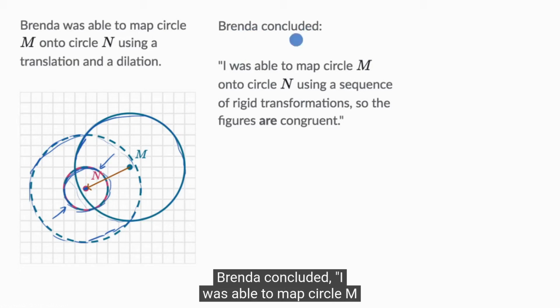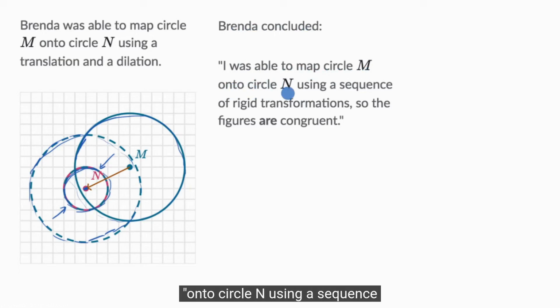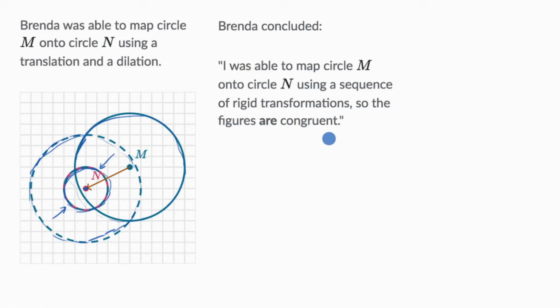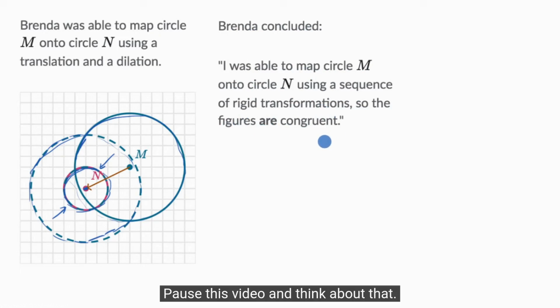Now, Brenda concluded, I was able to map circle M onto circle N using a sequence of rigid transformations. So the figures are congruent. So is she correct? Pause this video and think about that.